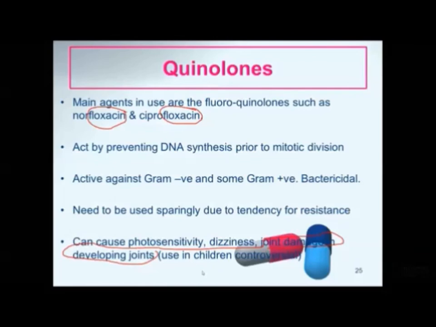Again, it always becomes a risk-benefit calculation that you have to make. If a child has a life-threatening infection against which the quinolones are going to be effective and there isn't much else available, then obviously you will use it. If there is something else available which doesn't have the potential to cause musculoskeletal problems, then you won't use the quinolone. So those calculations have to be made all the time now.